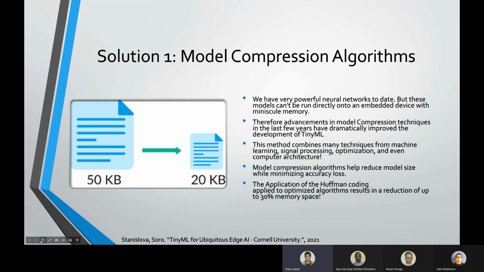Model compression algorithms also help reduce the model size and minimize the accuracy loss of the models that we use. One compression method, the application of Huffman coding to these algorithms, also results in up to 30% memory savings. So we've come a very long way in being able to develop this.